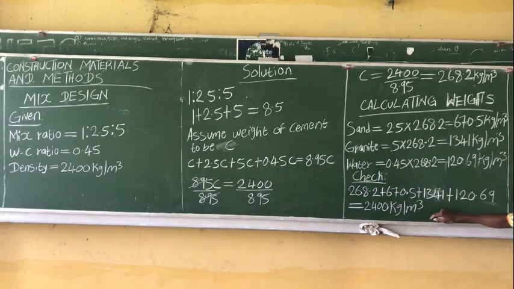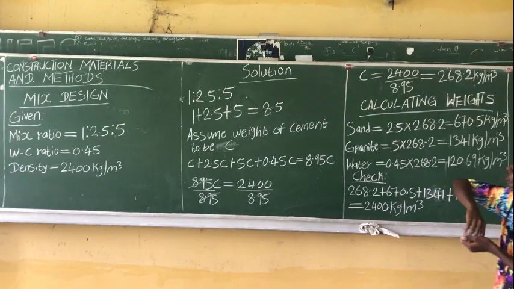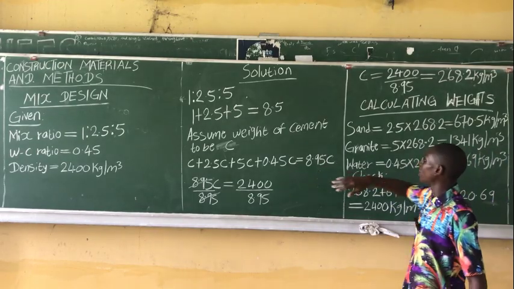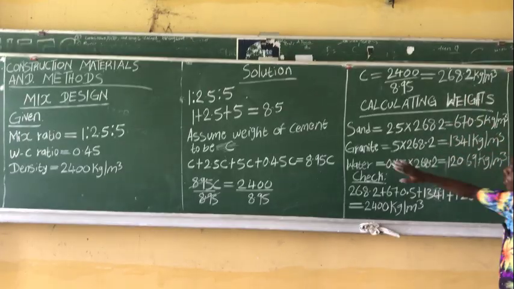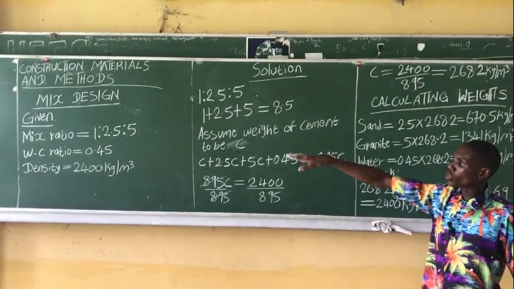So we can see that this equals the given unit weight of hardened concrete. Hence, these are the weights of cement, sand, granite, and water for the given mix ratio proportion.